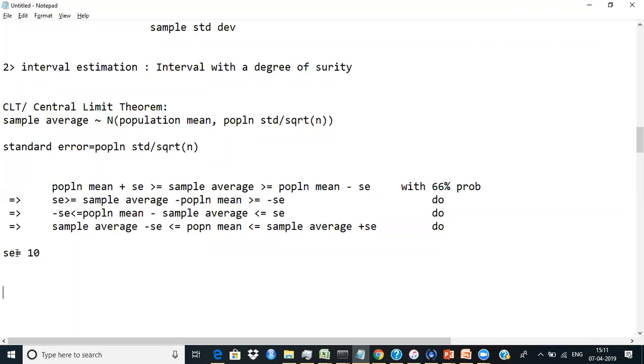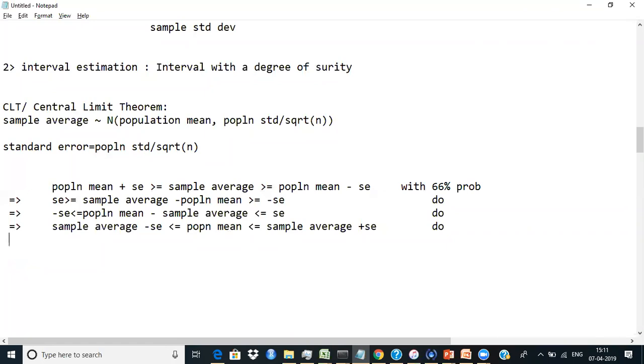You will take a sample, calculate the sample average, and then directly give this interval estimate. You will get a range for the population mean with a degree of confidence or certainty, 66% certain.